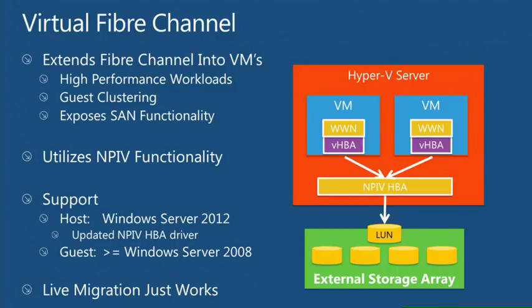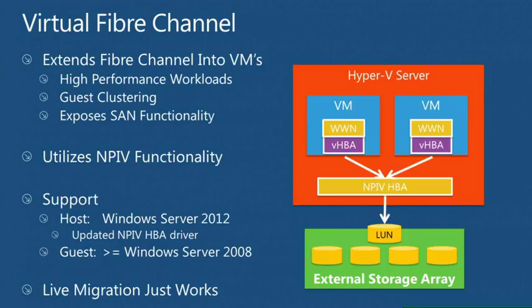This is really critical if you think about high I/O workloads like SQL. They just want direct access to the high-performance disk. They don't want any virtualization stack there. And by surfacing these SAN disks directly up to the VM guest without any virtualization layer, we take a stab at that problem.